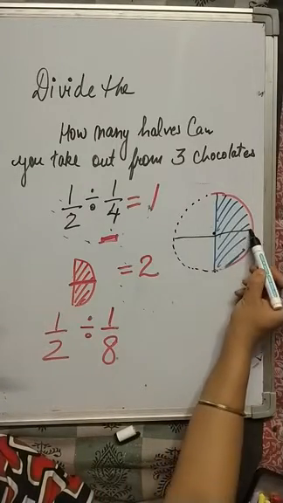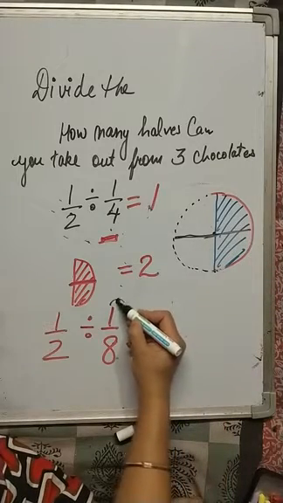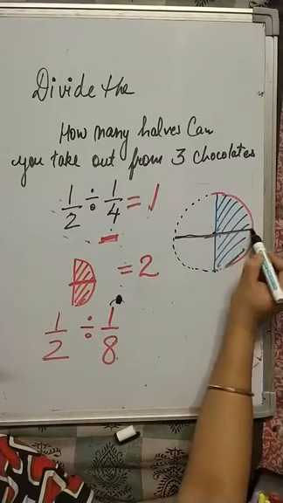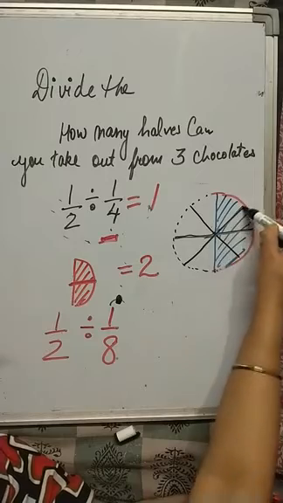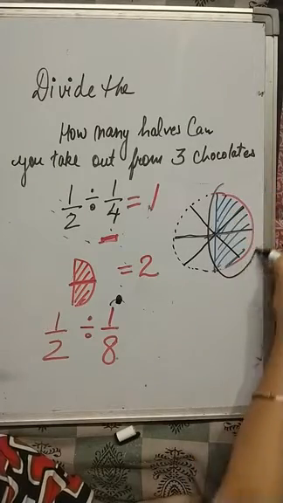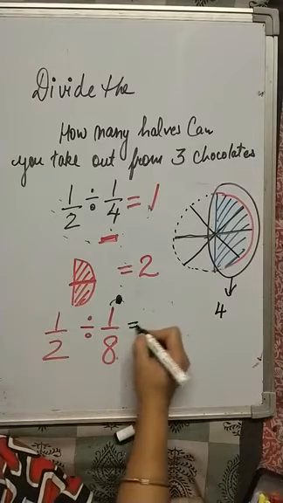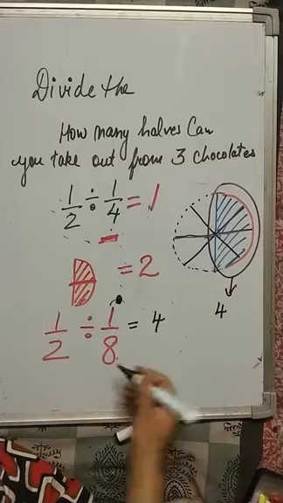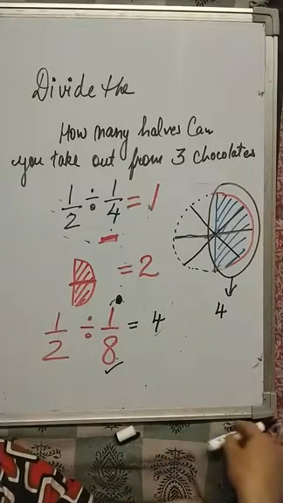I'll cut it into 8ths, as I have to take out 8ths. This shows the piece size we have to take out. These are 4ths. We have to take out 8ths. How many 8ths can we take out from half? We can take out 4 8ths. We can take out this piece size 4 in number.